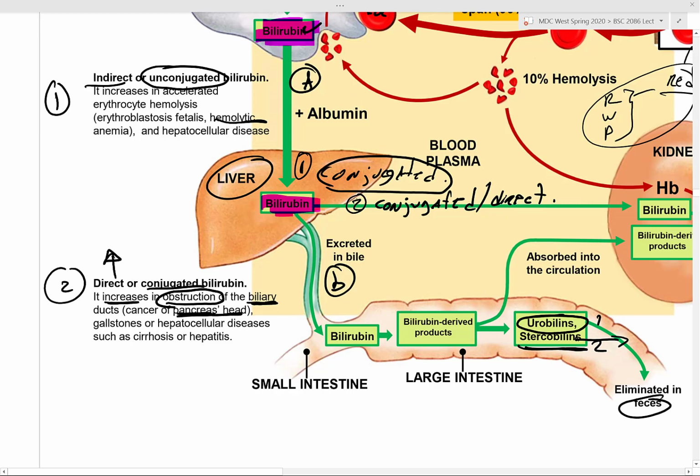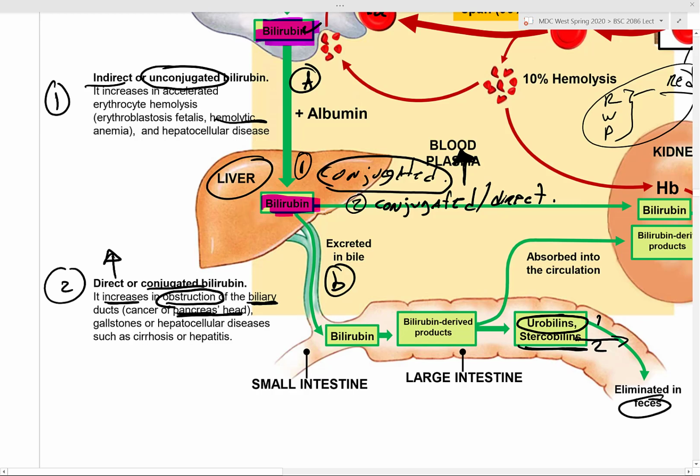Useful or non-useful? When doctors ask for bilirubin levels to see if you have a liver problem, they check for liver enzymes, right? Not only the enzymes, but they also check the bilirubin levels. If your unconjugated bilirubin is high, what does that tell the doctor?